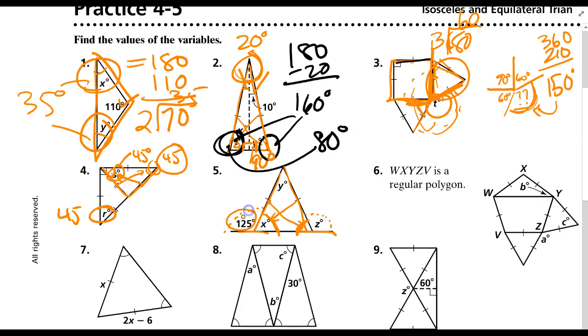So 125 out here makes z equal to 125. And so if that's 125, now I've got two angles that are supplementary. So that means they add up to 180. Let me subtract the 125 so I can figure out what x is. This ends up being 55. So that now, let me clean this up.